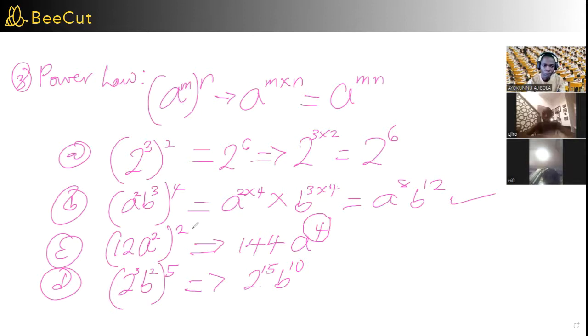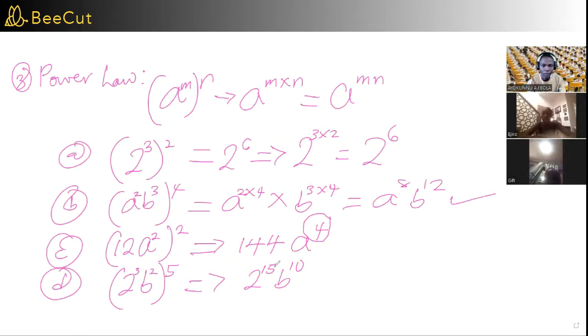It's 2 times 2. I told you, when you have power, you are multiplying. This is what we have been doing here. 3 times 2 gave me this, 3 times 4. If you go by the principle of adding the powers, then definitely you are going to say 3 plus 2 in this first one, which is going to give you 5, which is wrong. So please take note of that, Tracy.